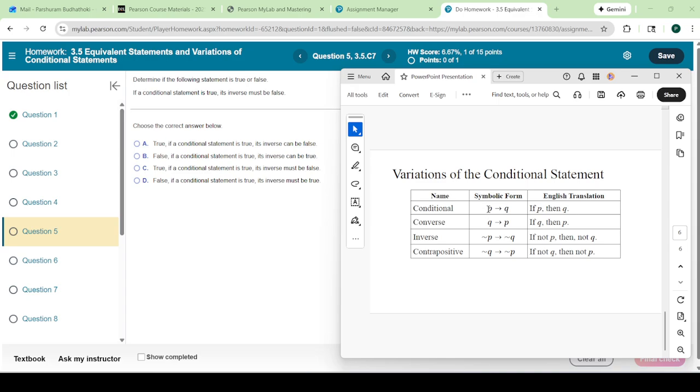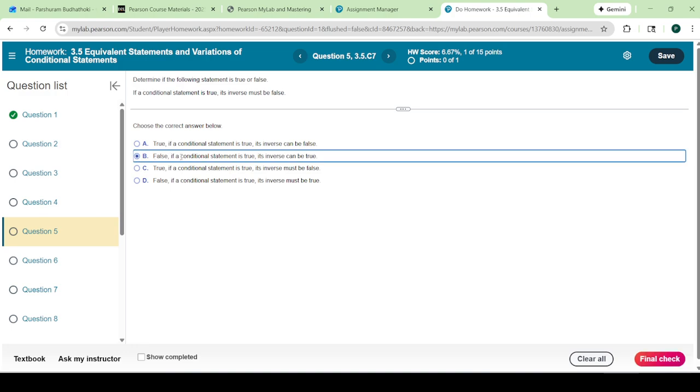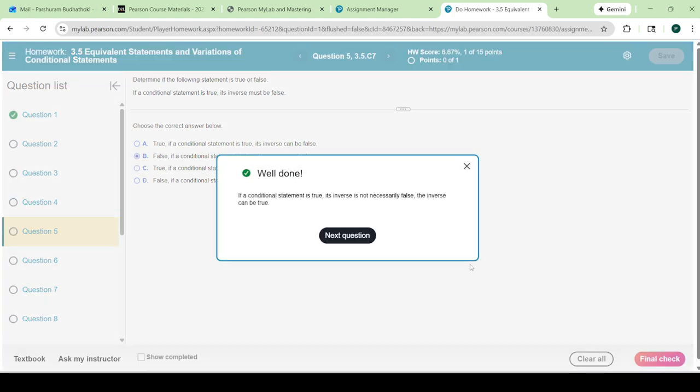The only equivalent statement is the conditional and its contrapositive. So if a conditional statement is true, it does not mean that the inverse is false. This is false, because if a conditional statement is true, its inverse can be true, not false. We don't know for sure.